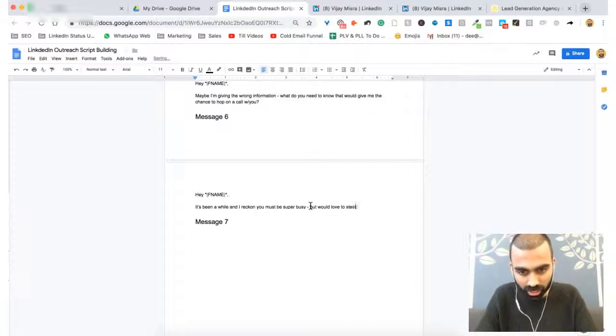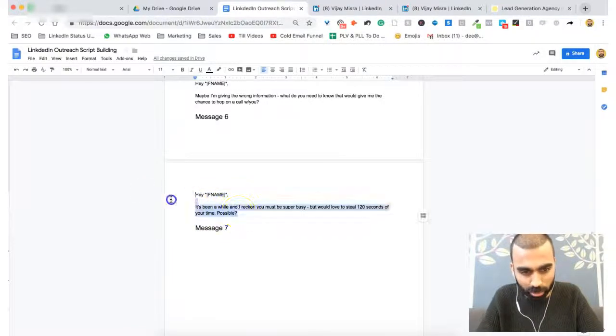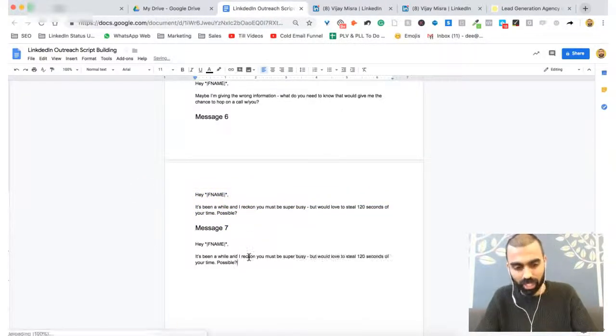And the key here is don't overthink it. Be short, be to the point, be sharp, and really consider that as being critical.